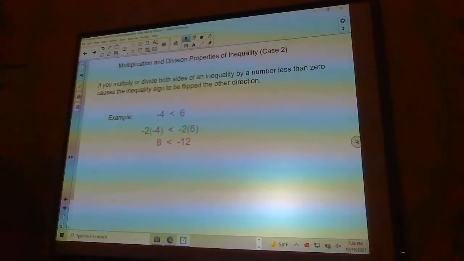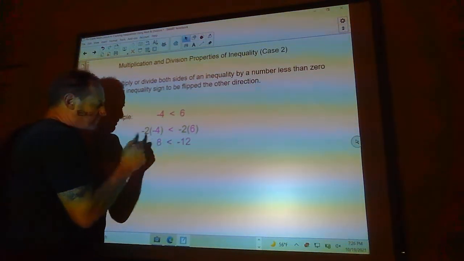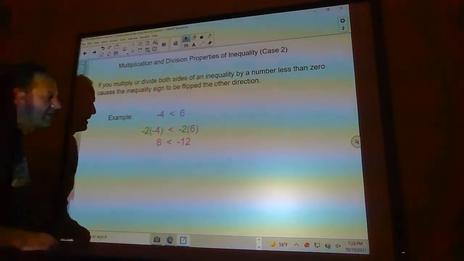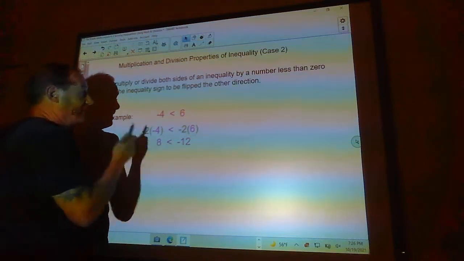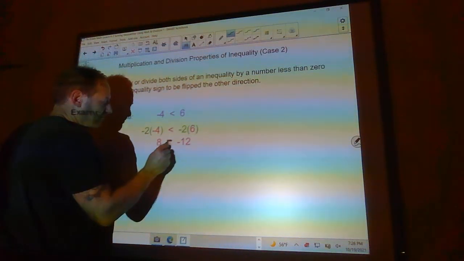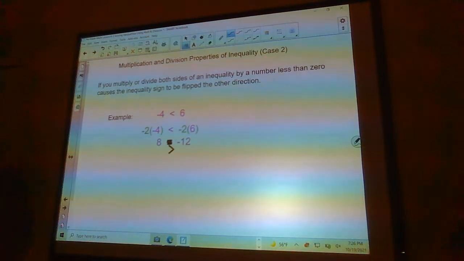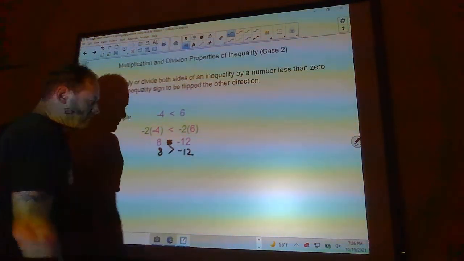What if I multiply both sides by negative 2? Negative 2 times negative 4 is positive 8, and negative 2 times 6 is negative 12. Now, I know that 8 is not less than negative 12, so I need to flip the sign to be greater than. And now it's a true statement: 8 is greater than negative 12.